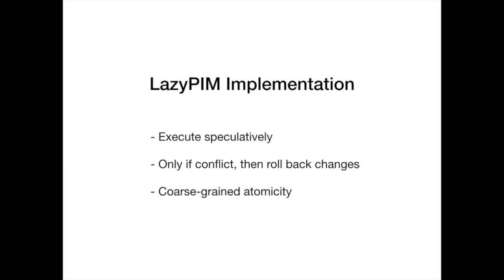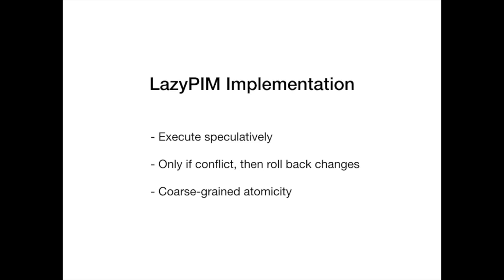That's where the LazyPIM proposal comes in. When PIM cores access memory, they speculatively assume that they have the required permissions for coherence without actually sending messages to the main processor over the memory channel.